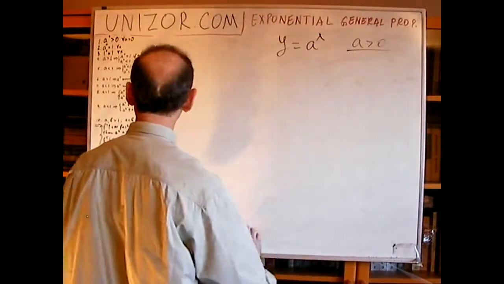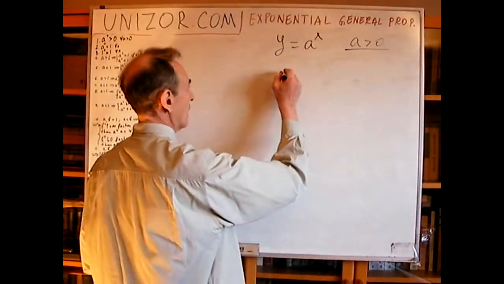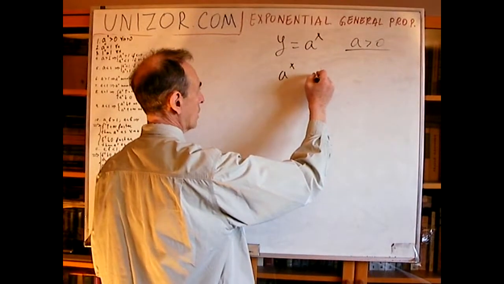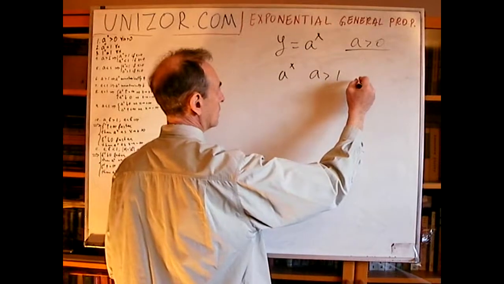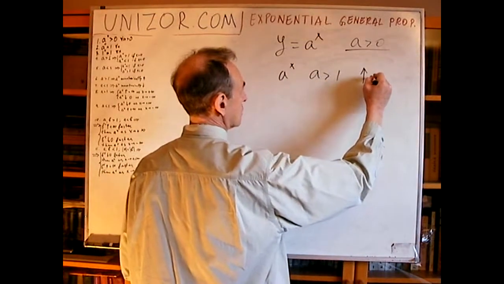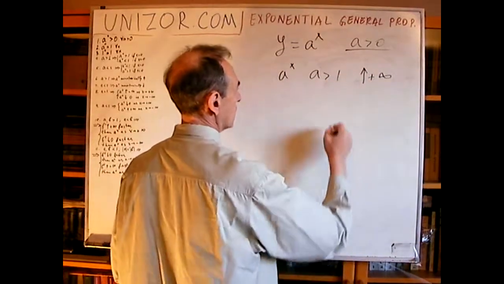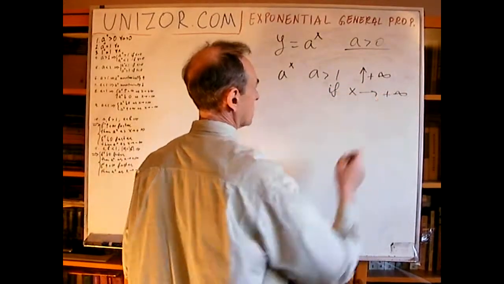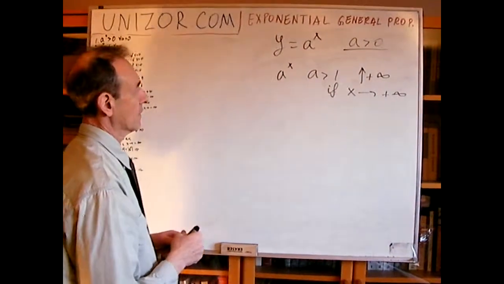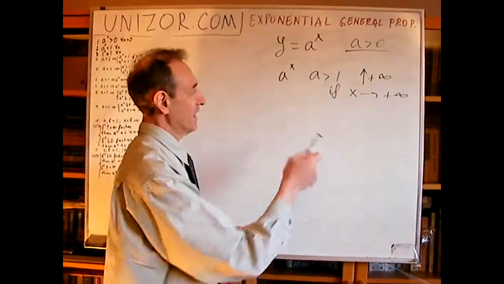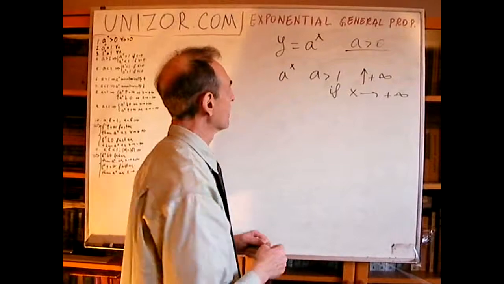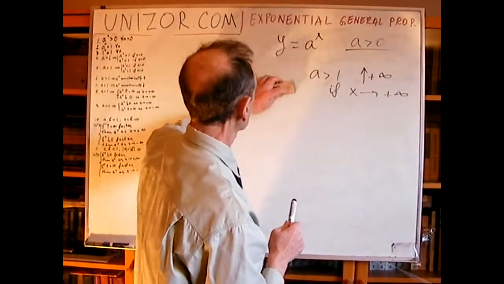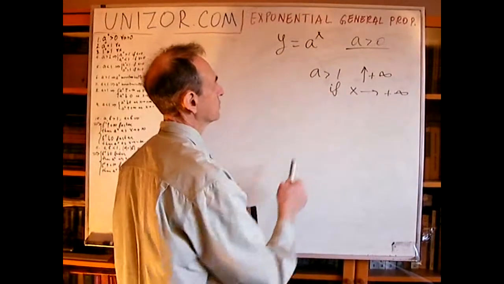Next property. So monotonicity to be proved now. Okay, we have to prove that a to the power of x for a greater than 1 increases to plus infinity if x goes to plus infinity. Okay, let me say it again. I'm using some symbolics here.